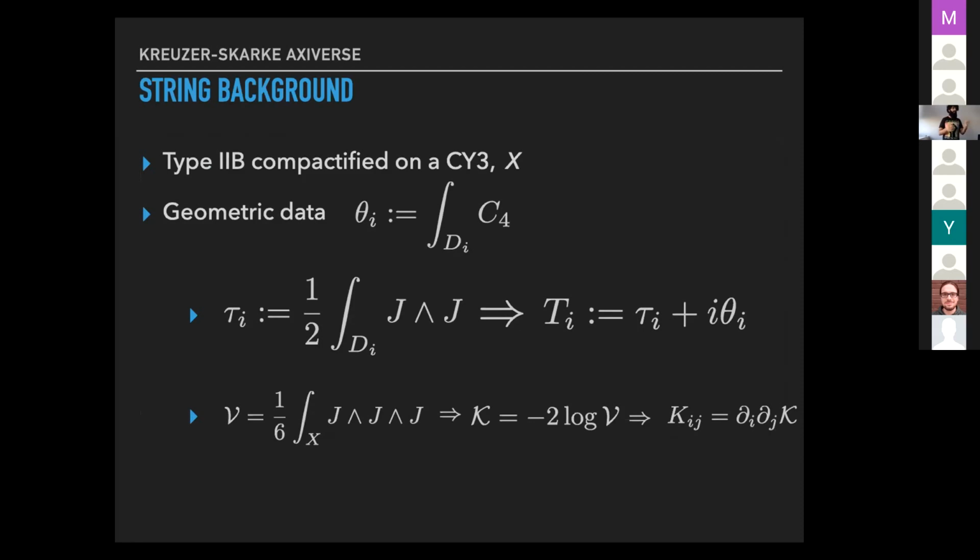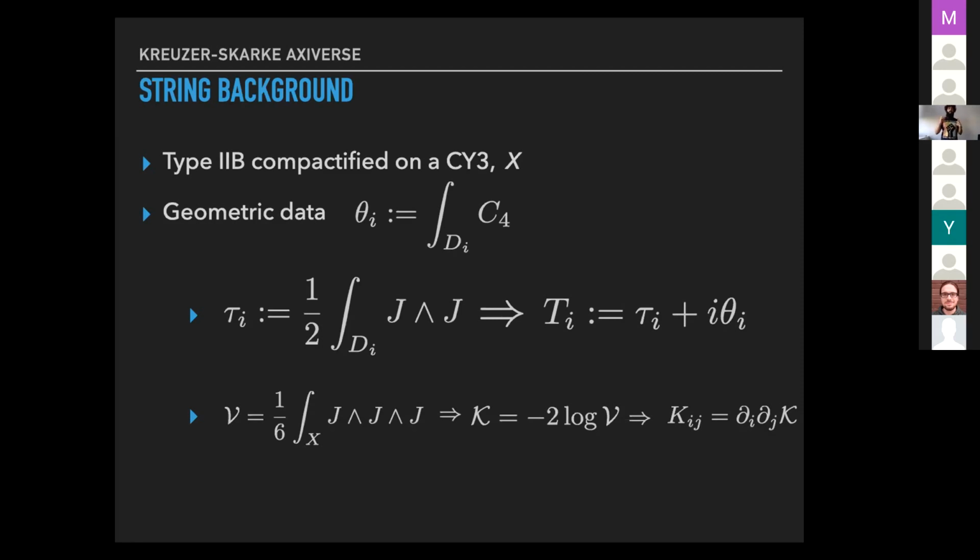So they are indeed written here, and the different ingredients that we require in order to write down an effective Lagrangian for the ALPs are presented here on the slide. So what we have is the Kähler metric K, which, as we can see, is dependent on both the overall volume V of the Calabi-Yau and the cycle volumes tau.